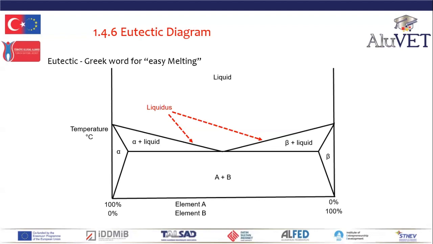And the slope of those lines are a function of the alloy composition. Above the liquidus temperature, the alloys are all liquid. Below the liquidus temperature, freezing has started, so the alloys are a mixture of mushy.